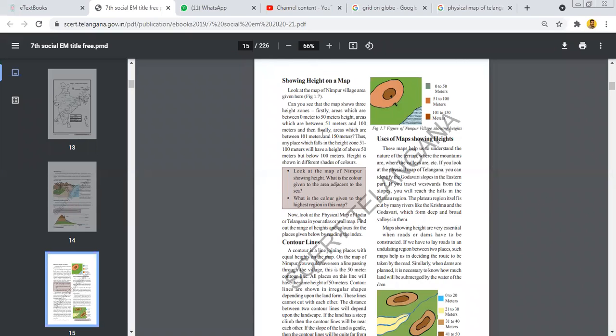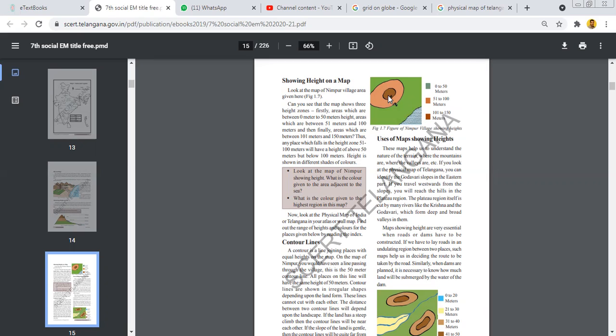Whether you take the India map, world map, or district map, to show the heights of the different places, we use different shades. For example, if green color is there in different places, it means those areas are within 50 meters above the sea level. If you find this color in different places, it means those areas are more than 51 meters and less than 100 meters height from the sea level.